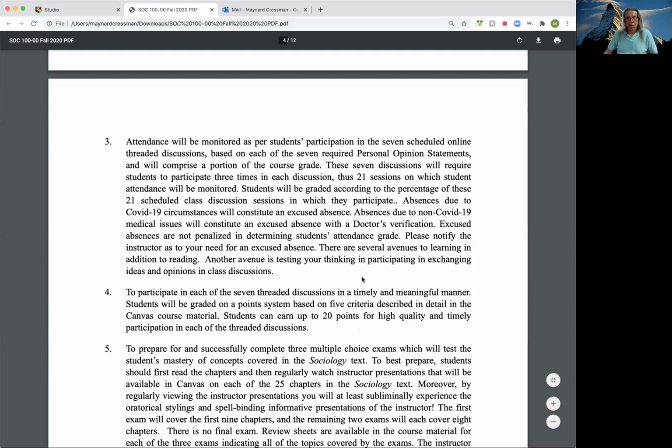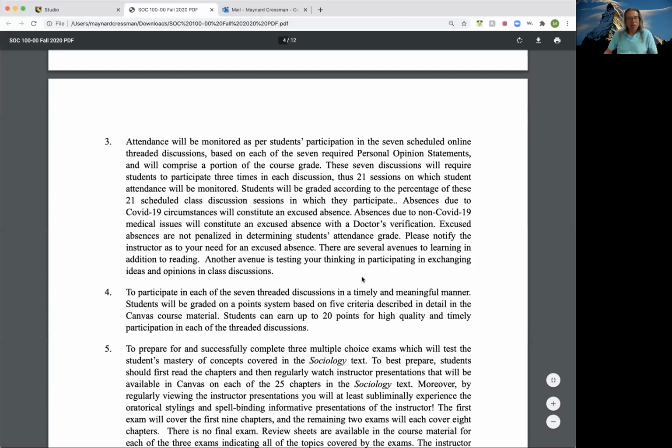Okay, so let's go back to the example of, does immigration benefit the economy? You will submit your personal opinion statement by no later than midnight on Sunday, September 6th. And then starting at 12:01, after they're submitted, not before. So if you start the discussion on Sunday morning at 9 a.m., you just didn't listen to a word I had to say.